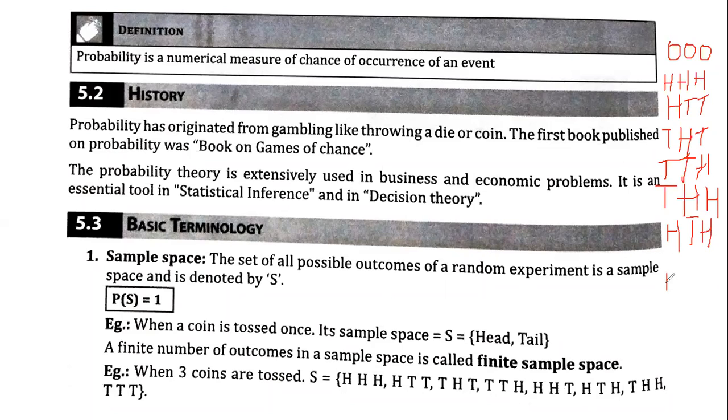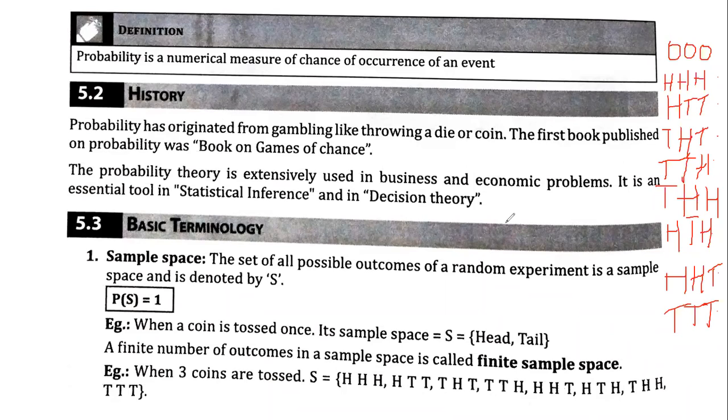You can have head, head, tail. First 2 coins can be head and then it can be tail. And then you can have tail, tail and tail. So if you see here, I've got so many possibilities. 1, 2, 3, 4, 5, 6, 7, 8 possibilities I have got when I have tossed 3 coins together.